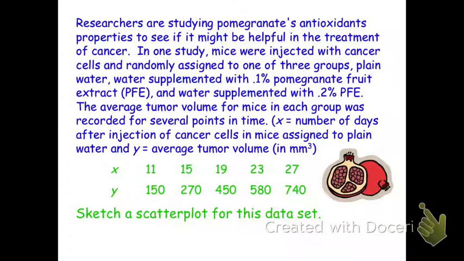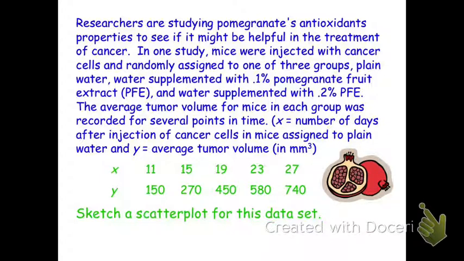So here we have, this is always a really weird example, but they're studying pomegranate antioxidant properties and seeing if those are helpful with the treatment of cancer. That was an actual study that was done. So what they did, and I don't know if you're okay with this, but basically they injected 3 groups of mice.